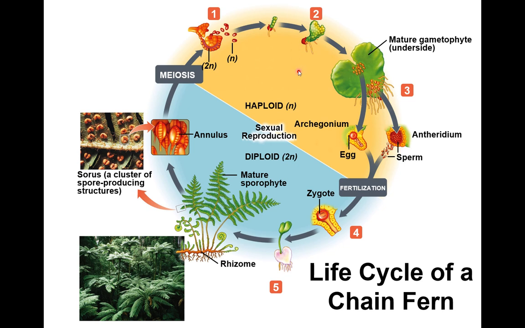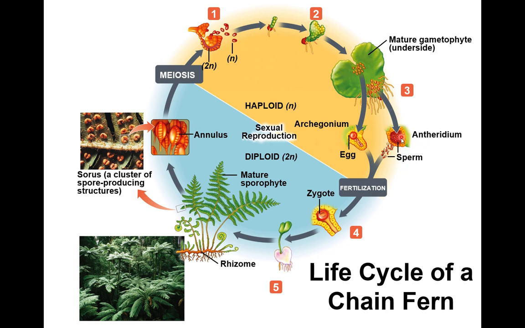Here they grow to form a plant, still a fern, but it's haploid. This is the gametophyte. The gametophyte here would have both the male and the female structures: the archegonium, the female gametangium, which then will produce the egg, and the male gametangium, which will be the antheridium, which will produce the sperm.